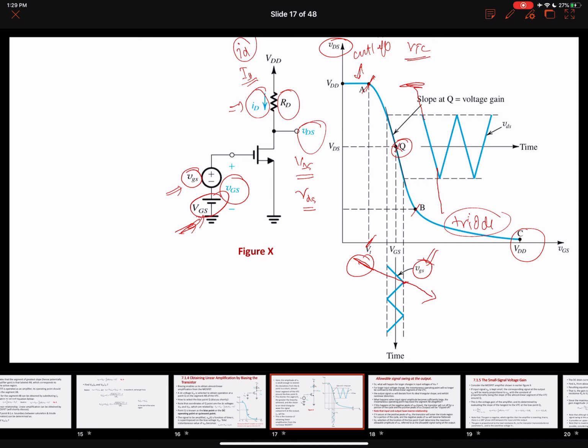So we want to make sure that our transistor will neither cut off nor enter the triode region. Our quiescent point should be selected such that we obtain linear amplification and the highest gain, and the transistor does not go into the cutoff or triode region.